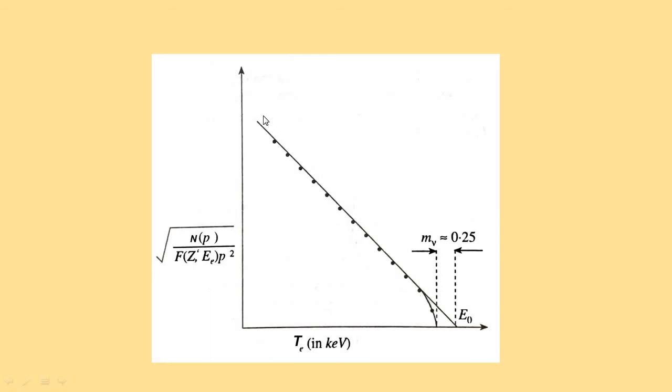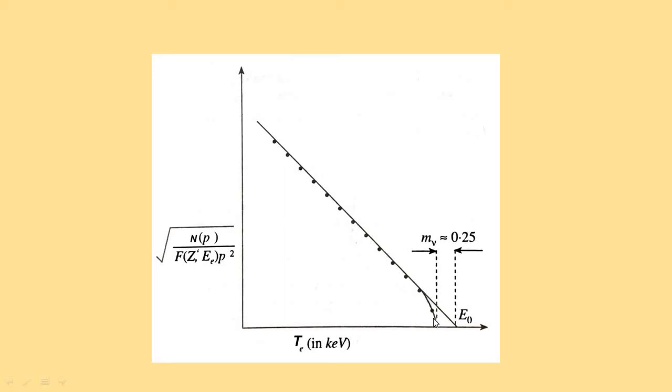And of course, we are expecting a straight line graph. But if that graph has a very high resolution, you can see that at the end, this is the actual energy you have to get, E0, the maximum kinetic energy of electrons possible. Here you can see a small deviation from that straight line path.